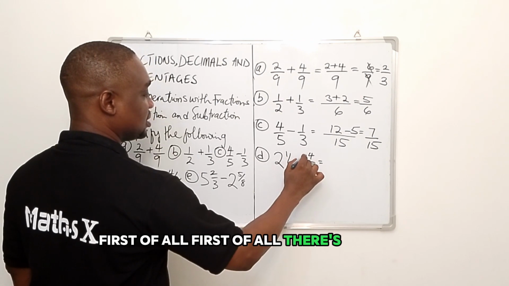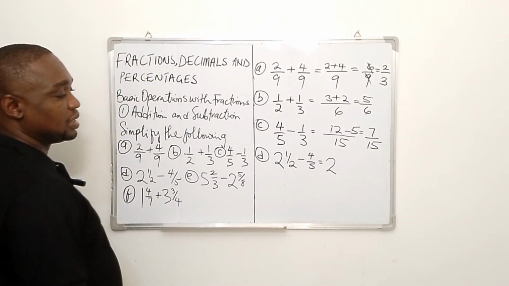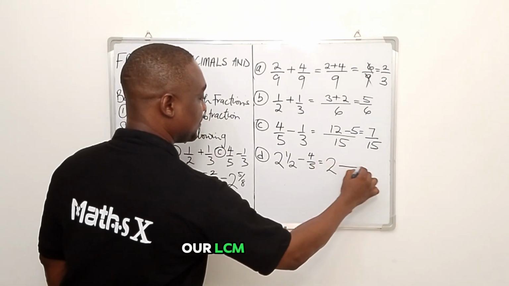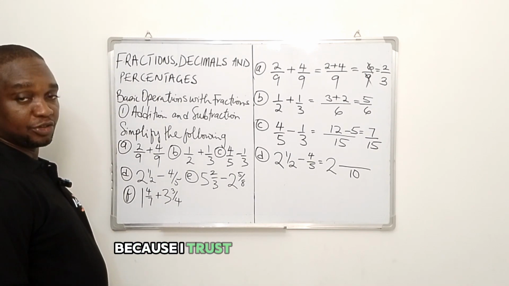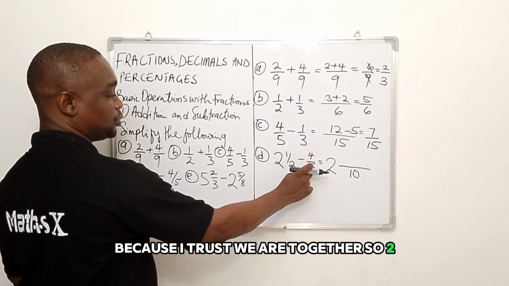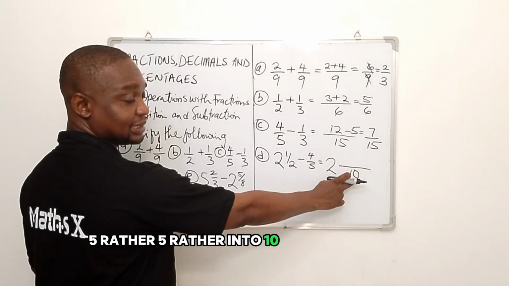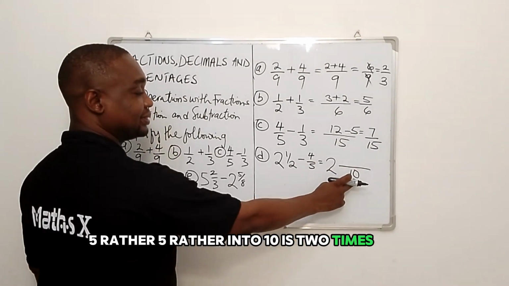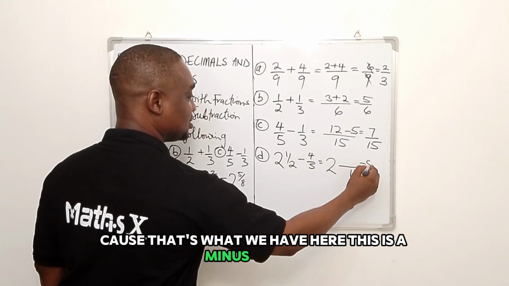First of all, there's nothing here, so there's a 2 here. Our LCM here is 10. I trust we are together. So 5 rather into 10 is 2 times, minus 4, because that's what we have here. This is a minus 8.